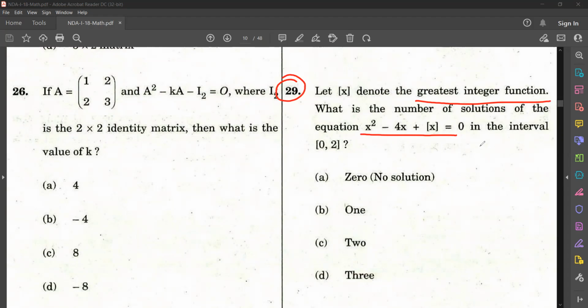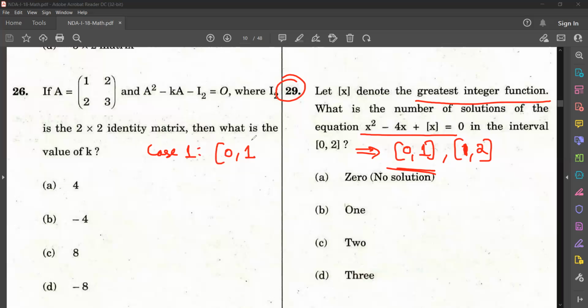So for this, I am splitting this interval as 0, 1 and 1, 2. I'm just going to divide this interval into 2 and check that. First of all, case 1, for the interval 0, 1.